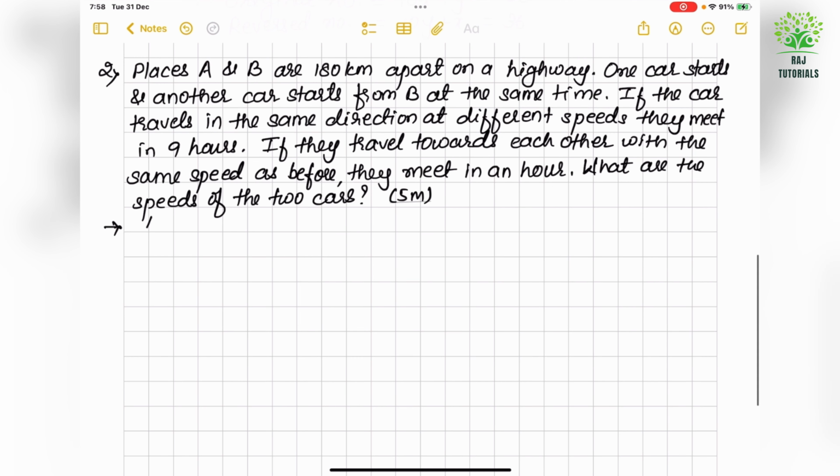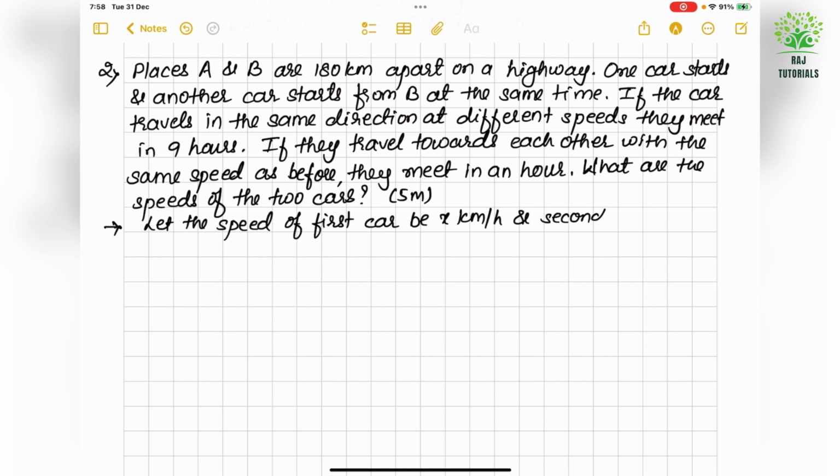So here, let the speed of the first car be x kilometer per hour and the second car be y kilometer per hour.